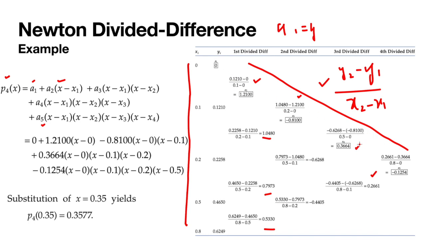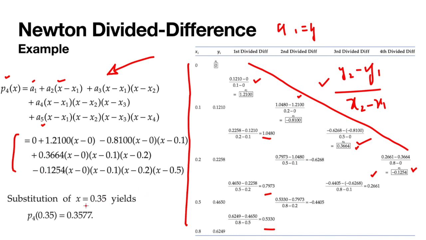When we calculate these coefficients, we can just place them in our polynomial, and we get this equation which represents our polynomial that will pass through these points.